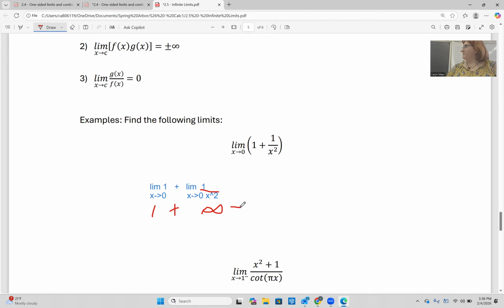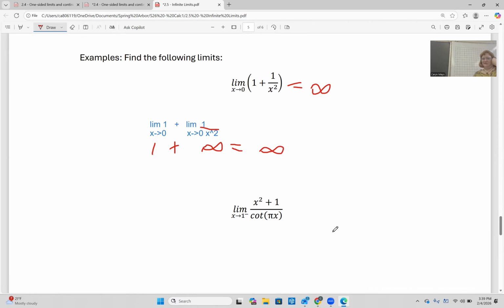I don't know if these childhood fights still take place, but the ones like, I did this times infinity. Well, I did this times infinity plus 1. Infinity plus 1 is still infinity. So the limit as x goes to 0 of 1 plus 1 over x squared is still infinity.